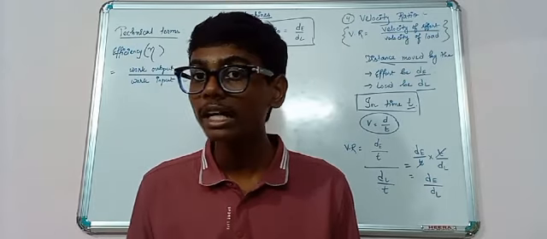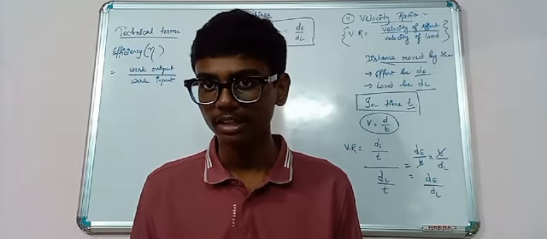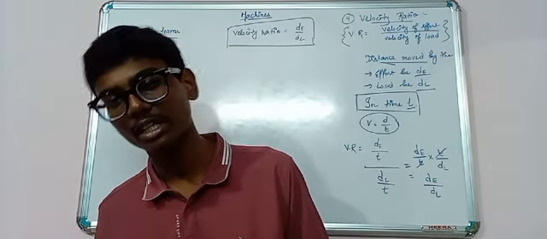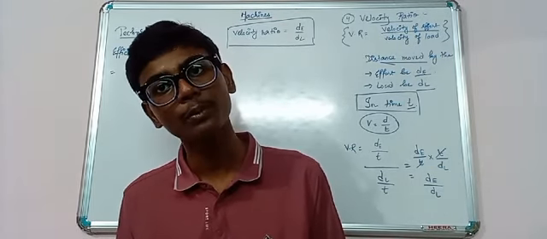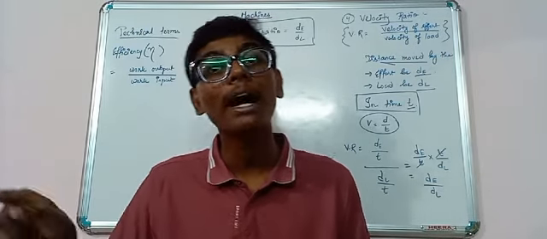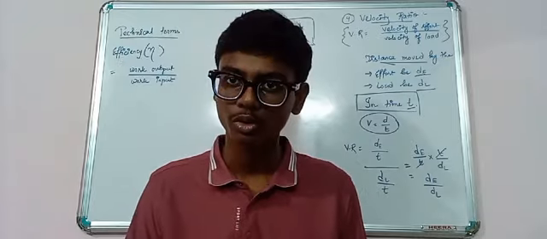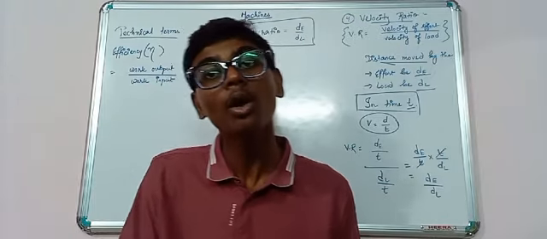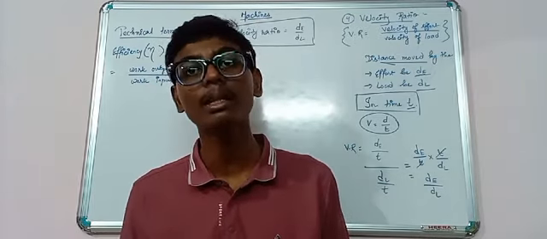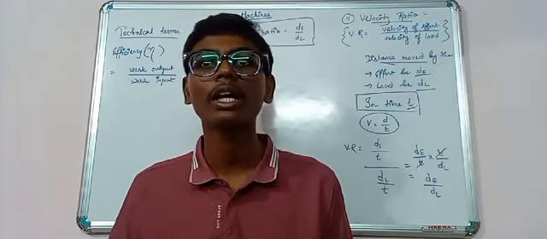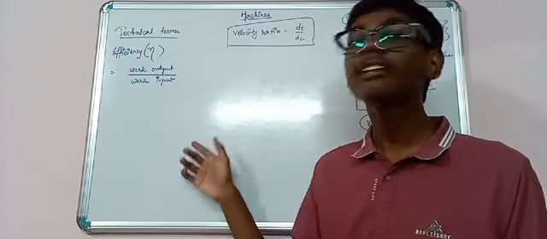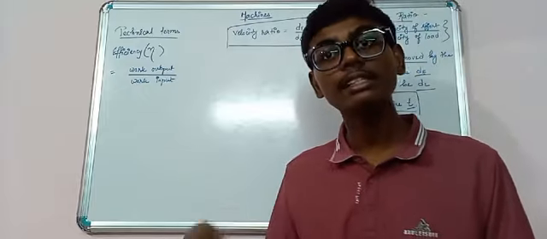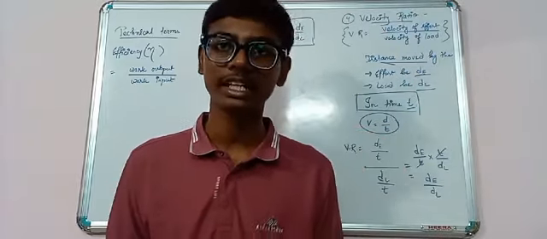Henceforth, work done on the machine by the effort is the work input. And what is work output then? The work done by the machine on the load. Because you need the work to be done on the load, that's why you are using the machine. That is your work output. Clear? Now this efficiency we cannot leave like this, because efficiency is expressed in the form of a percentage.